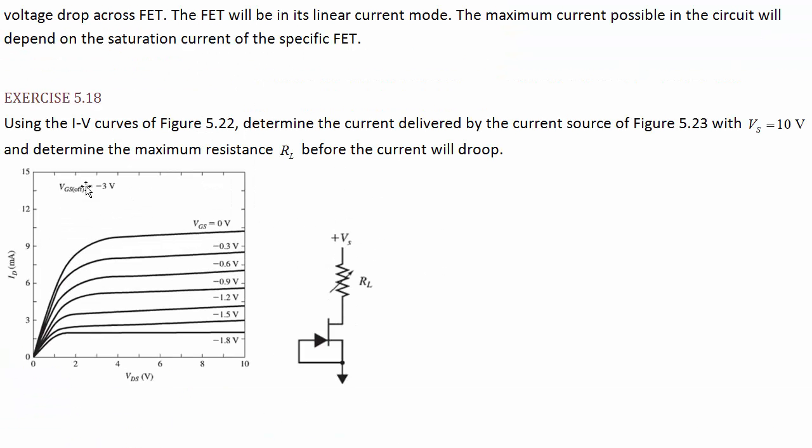And where is this going to stop working as a current source? It's going to work well as long as we're in this region. We know we're on the top curve, VGS equals 0, because the gate is actually tied to the source, so the voltage of the gate relative to the source is 0. It's going to stop working as a constant current source as soon as the load line would not pass through a horizontal part of this, but would now be shifting from up there to over in the linear region.